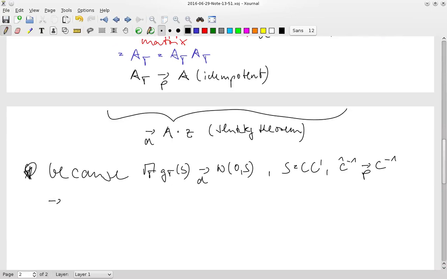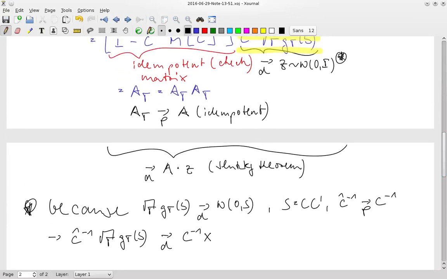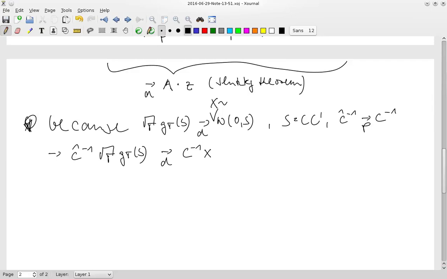As a conclusion, the inverse of C hat, multiplied with square root of T times g_T evaluated at b, is going to converge in distribution to C to the minus 1 times X, where X is a random variable distributed normal with mean 0 and variance covariance matrix S. This is again the application of the Slutsky theorem.